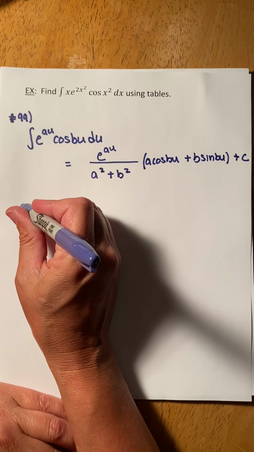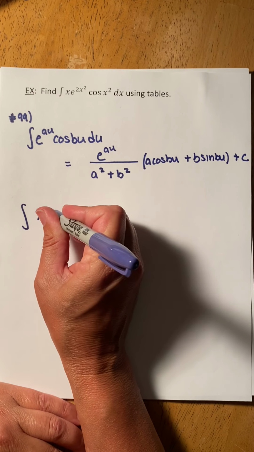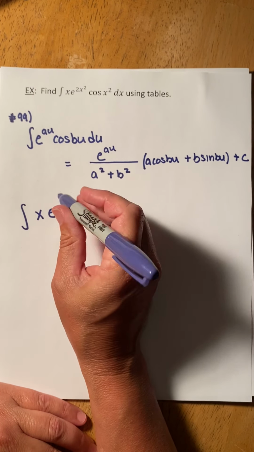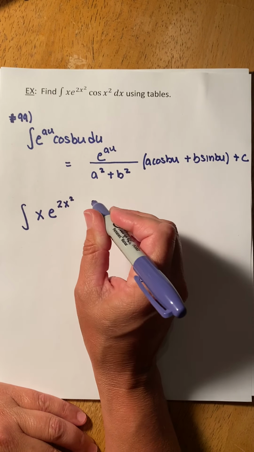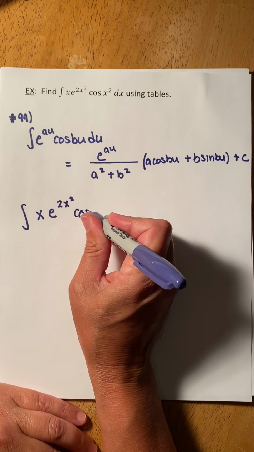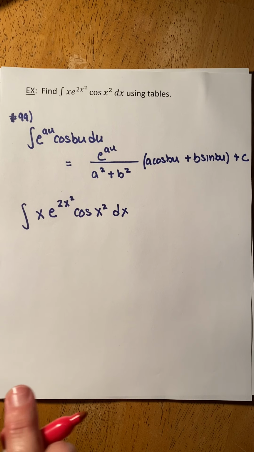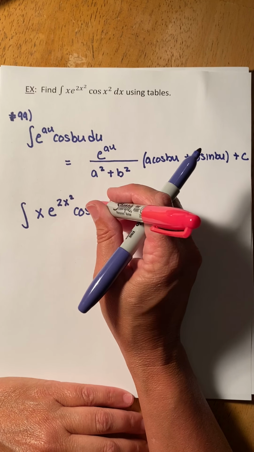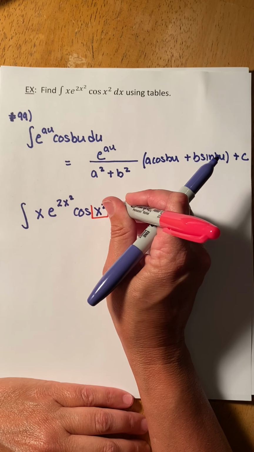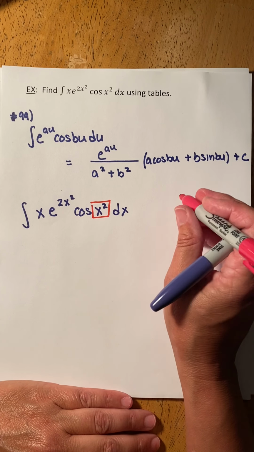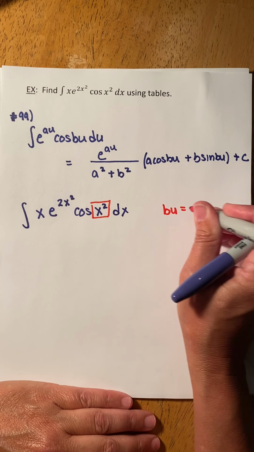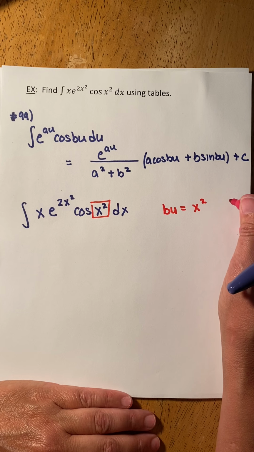All right, so what do we have? My problem is x e to the 2x squared cosine of x squared dx, and I have this x here, but bear with me. So inside the cosine, why don't we let bu equal x squared?